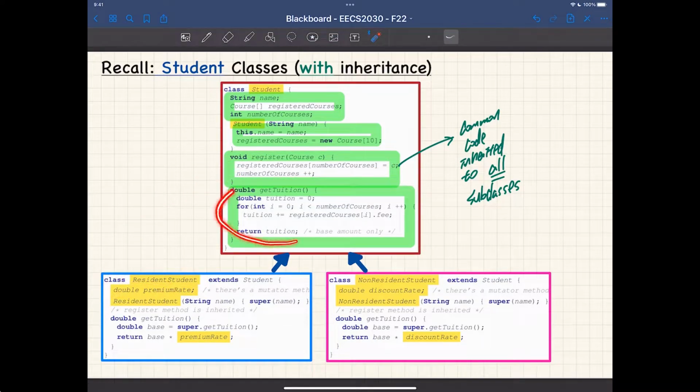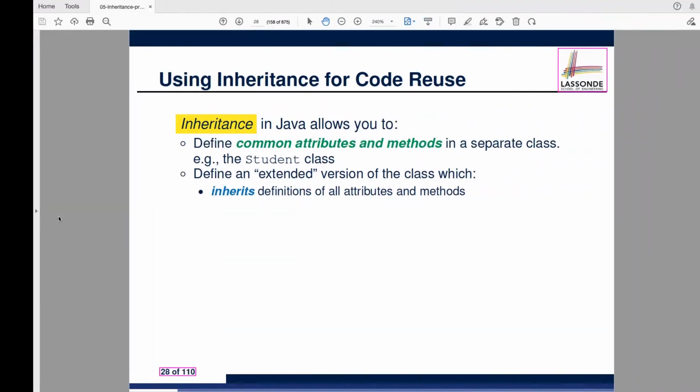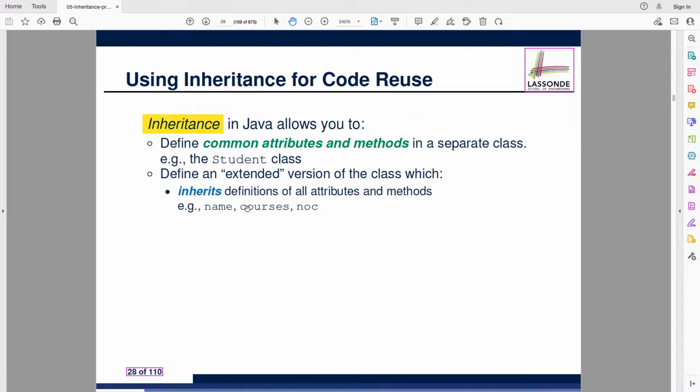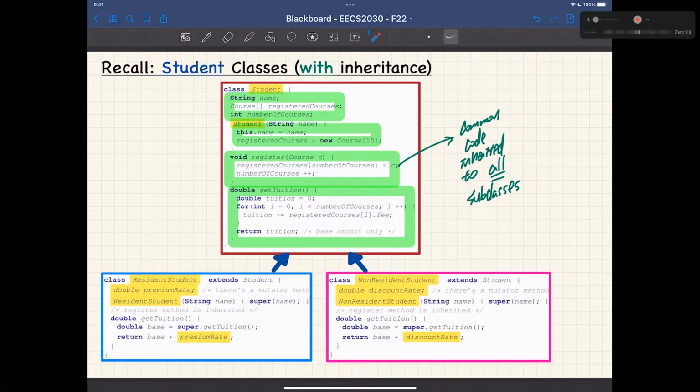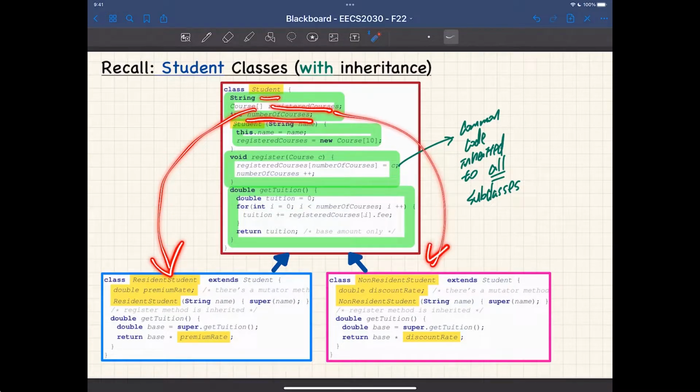Also, getTuition is also inherited by this class over here. But in this case, we decide to modify its definition, or override its definition a little bit, right? Just notice the difference. They are all inherited. And if you go back to the slides, for example, the name, courses, NOC, right? You can see these attributes over here. Name, registered courses, NOC, they're all inherited by both subclasses.